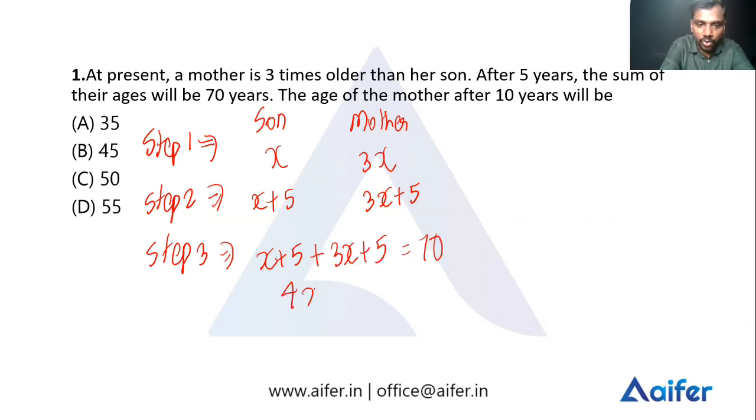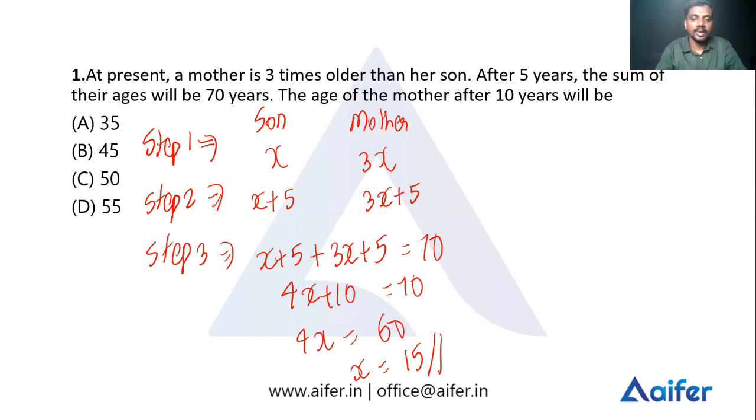That is 4X plus 10 is equal to 70, that is 4X is equal to 60, that is X is equal to 15. So X is equal to 15 is the correct answer for the age of the son.